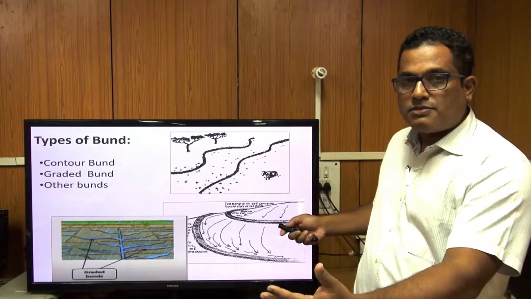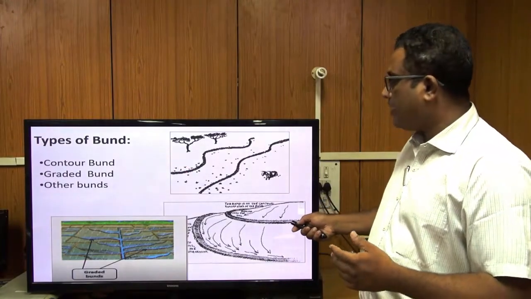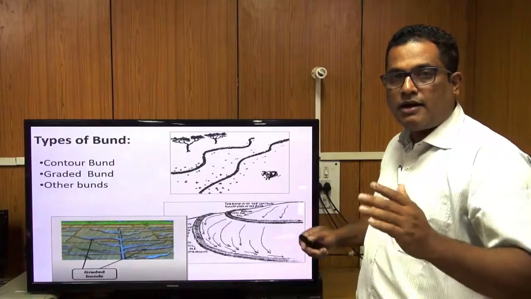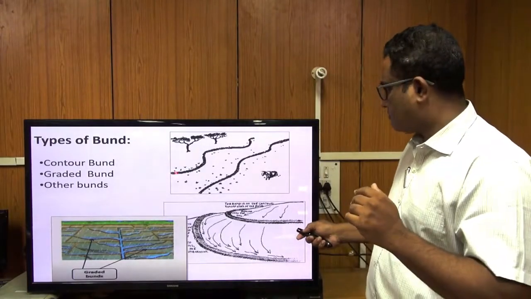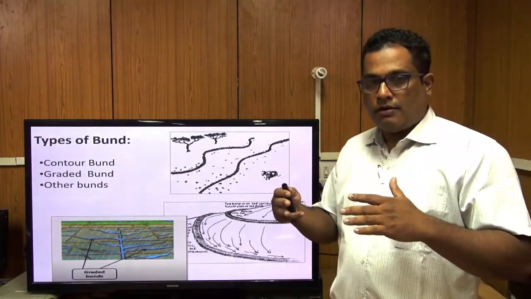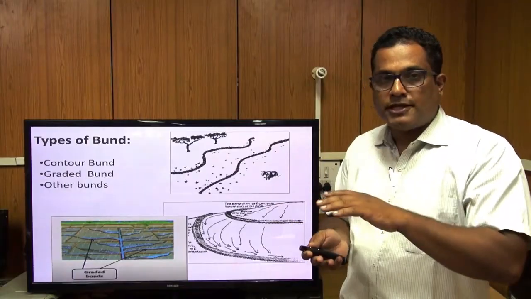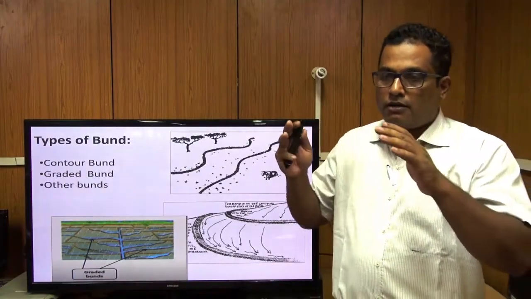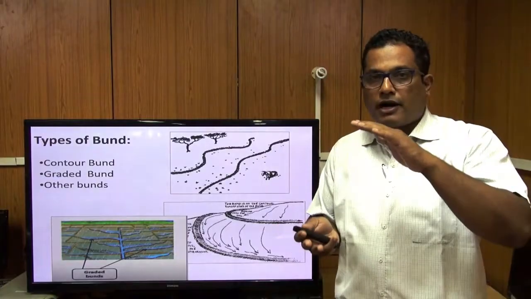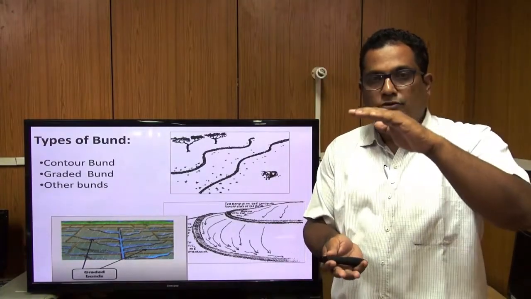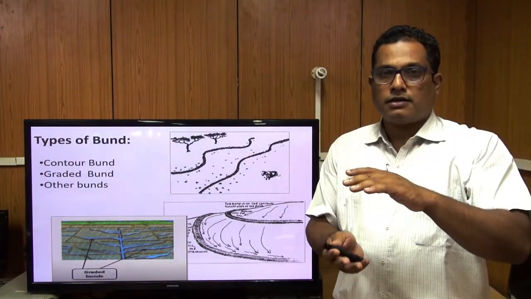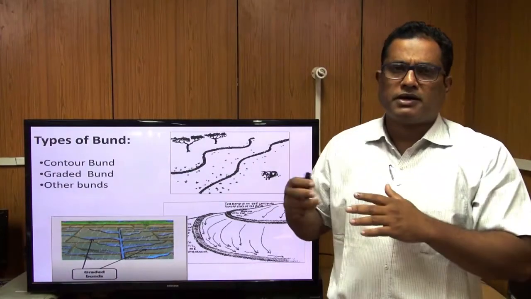Earth from the upstream side is excavated and put on the downstream side in a trapezoidal section with some allowance for subsidence. When you put loose soil, after rainfall it will subside, that is, the height of the bund will decrease. That has to be kept in mind.